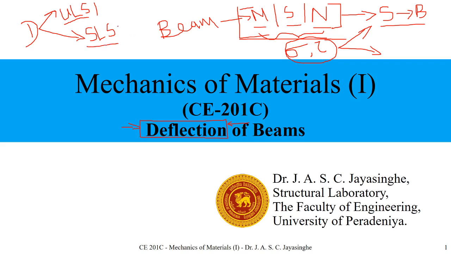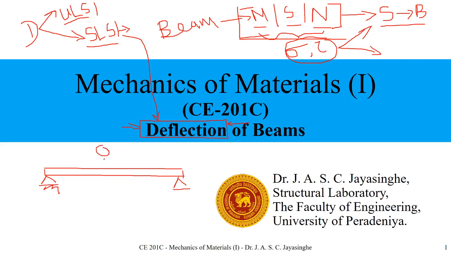When you come to serviceability, we check how the beam behaves under service conditions, how about comfort levels. Under that we check the deflection. It's something like this. Think about you have this kind of beam with a support like this, and one person here.